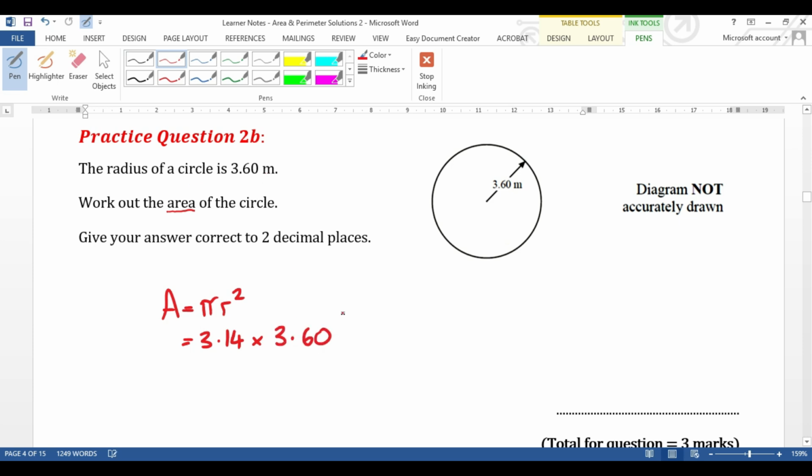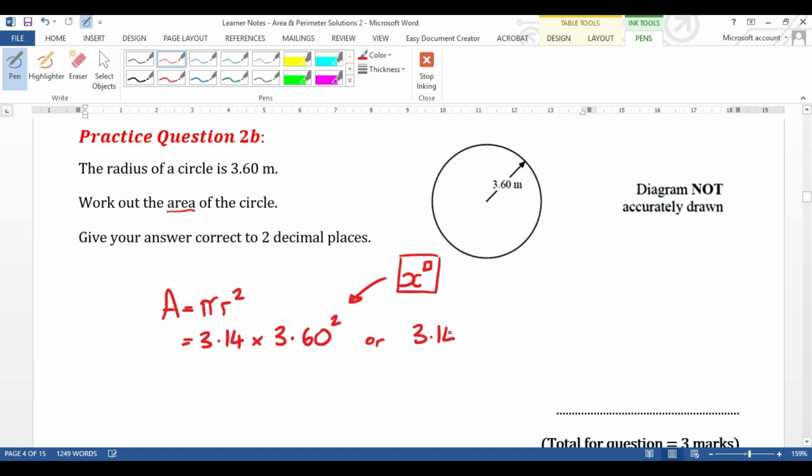You can put the 0 if you wish. You don't have to, because obviously it's not going to make a difference in this case. And it's squared. So you're going to need the square button, which, if you've got those fancy calculators, looks like X with a little box. If you don't have these fancy calculators, obviously you can just do 3.60 times by 3.60.